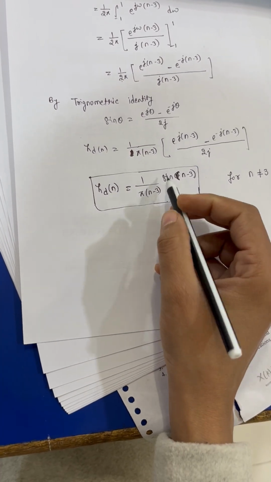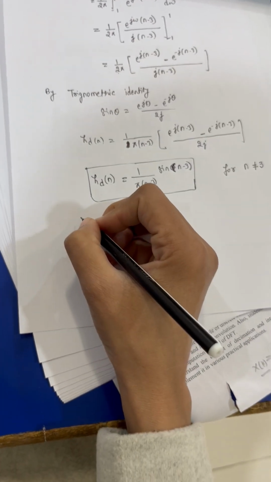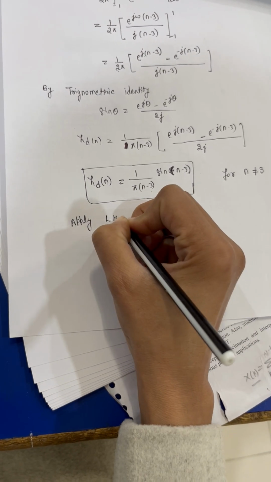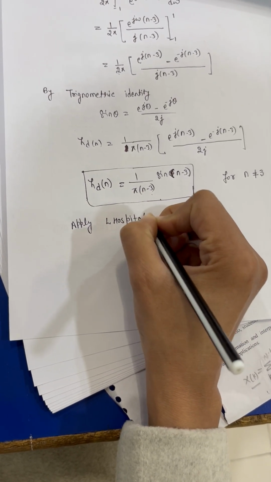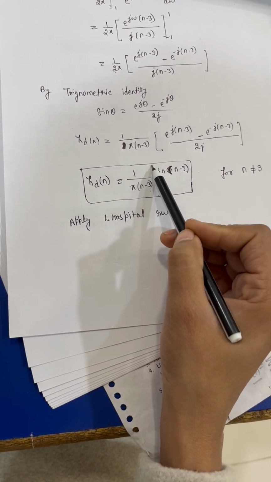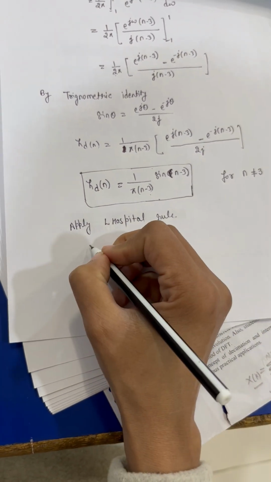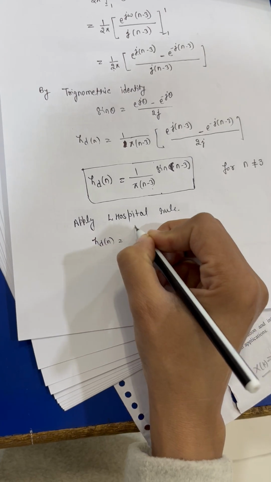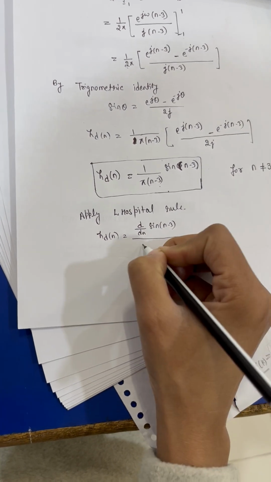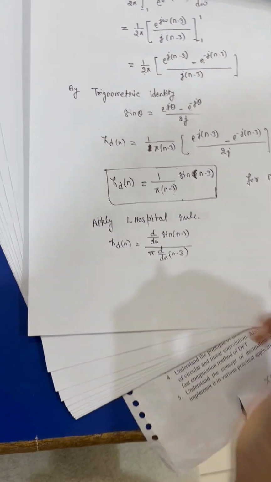To overcome this problem, that is 0 by 0 form, we'll apply L'Hospital rule. What it says? It says differentiation of numerator and differentiation of denominator. So h_d(n) equal to d by dn sin (n minus 3) upon pi, which is the constant, d by dn (n minus 3).